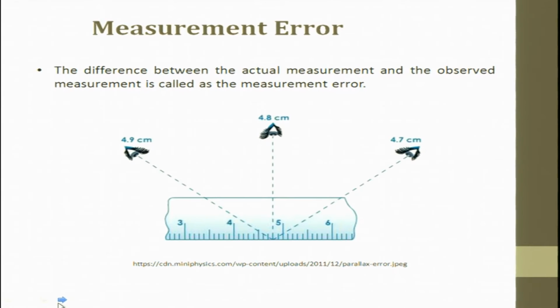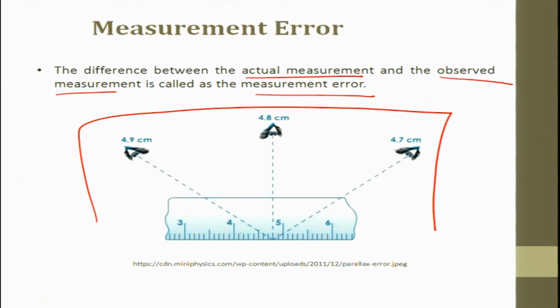Next is measurement error. Measurement error, we have discussed this before multiple times. The difference between the actual measurement and the observed measurement is known as measurement error. So, what do you think? What kind of error is this? This is a parallax error. This is the number one. If I classify it, this is the error from the observer. This is the observer's error. So, the observer is looking from different angles. This observer is reading it as 4.9.